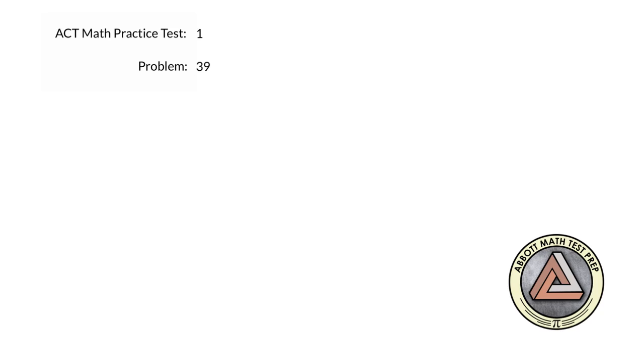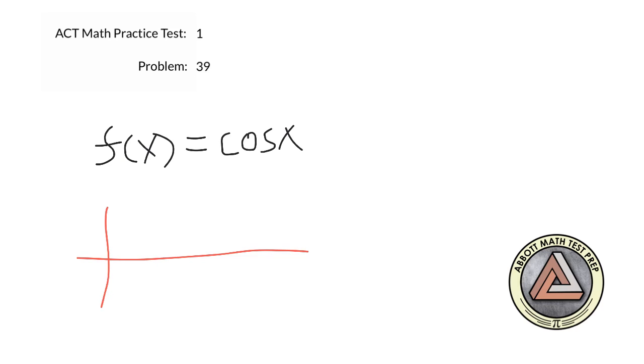So problem number 39 features a trigonometric function that a lot of students really just don't have a lot of familiarity with. Very quickly, the parent function of the function that they gave you, the normal version of it, is that. And the way to graph that, it's kind of like a vase that goes like that.